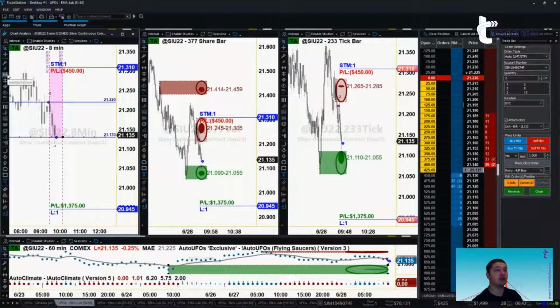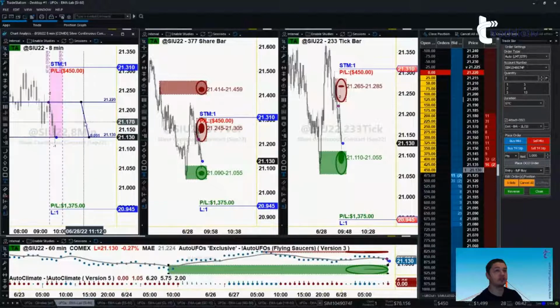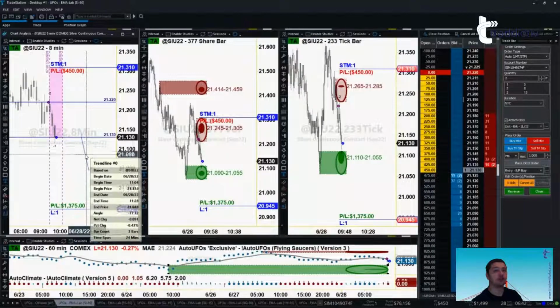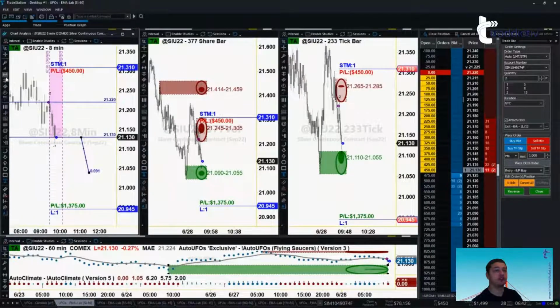You draw a line between them, and I keep forgetting that I have to use the trend line here. Okay, you draw this line here. You basically just drag it down here, and you pop another line there.